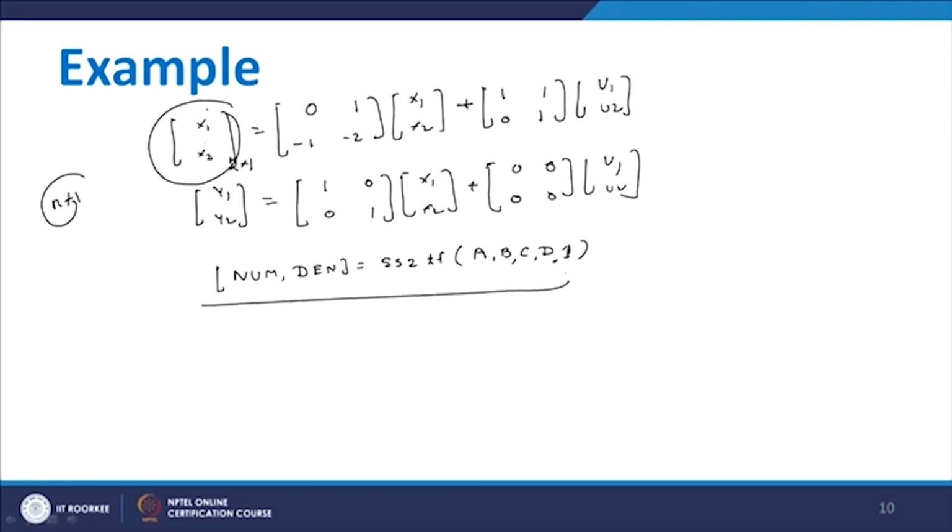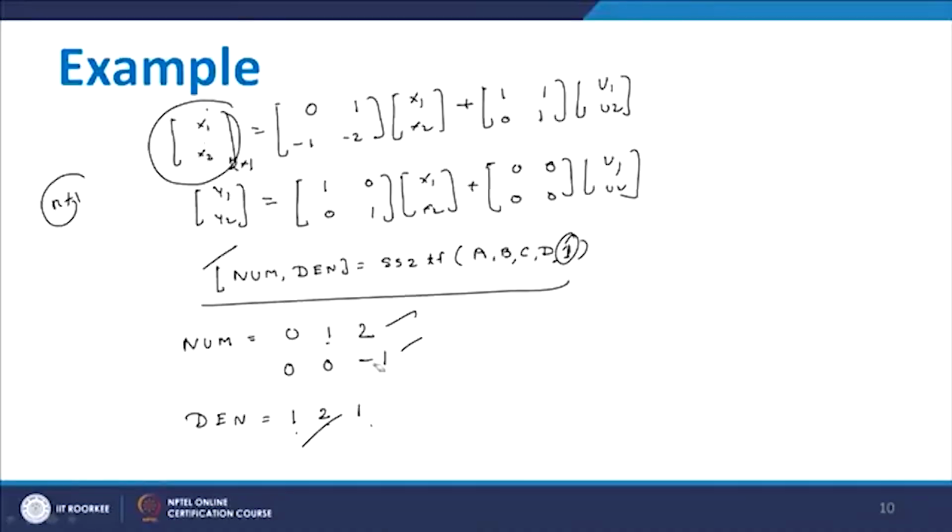You will find that the numerator is [0 1 2; 0 0 -1] and the denominator is [1 2 1]. Here we have got numerator [0 1 2; 0 0 -1] and denominator [1 2 1] when the input is 1.